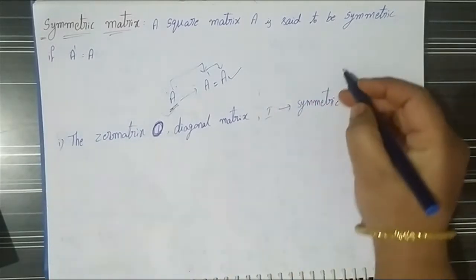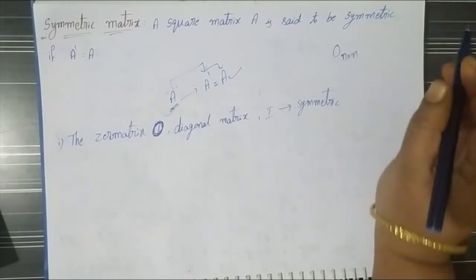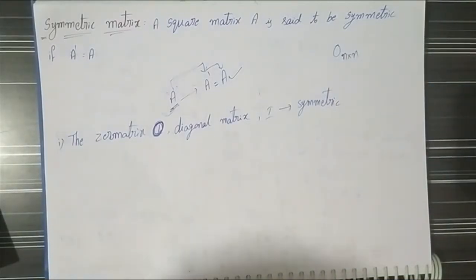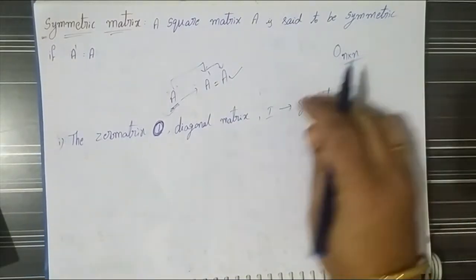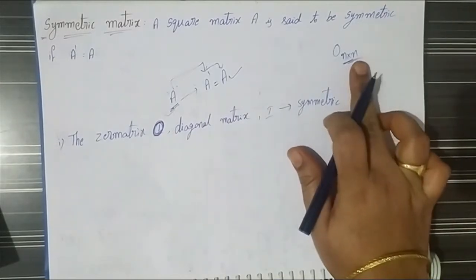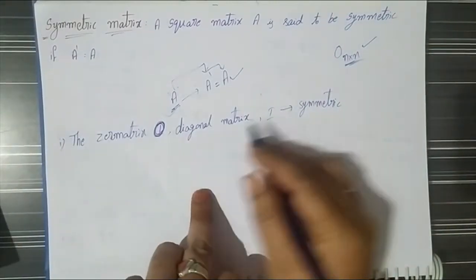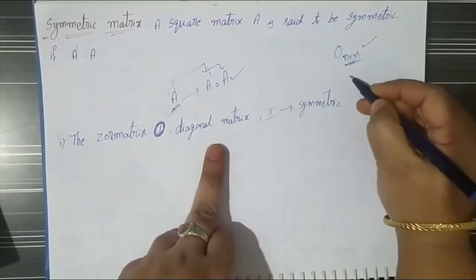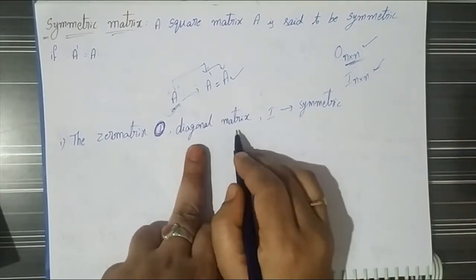That means the first point is: the zero matrix of order n by n, the same ordered square matrix, is a symmetric matrix, and the unit matrix I n by n is also a symmetric matrix, and so is a diagonal matrix.